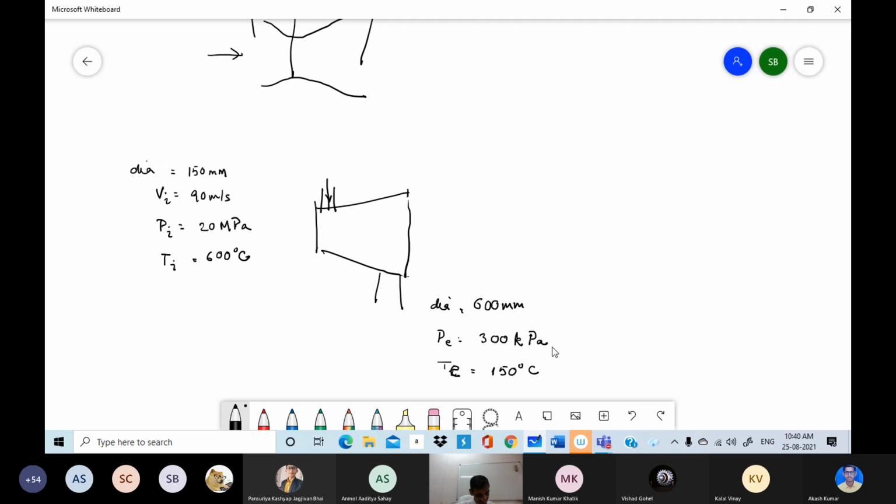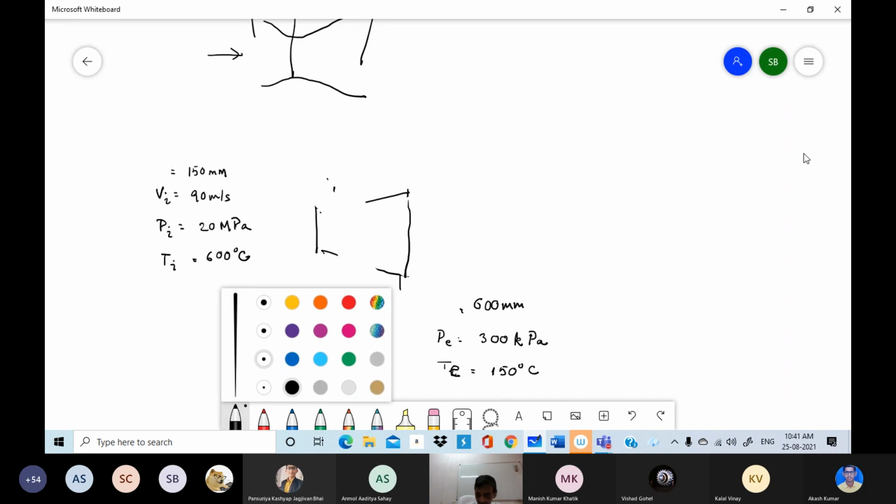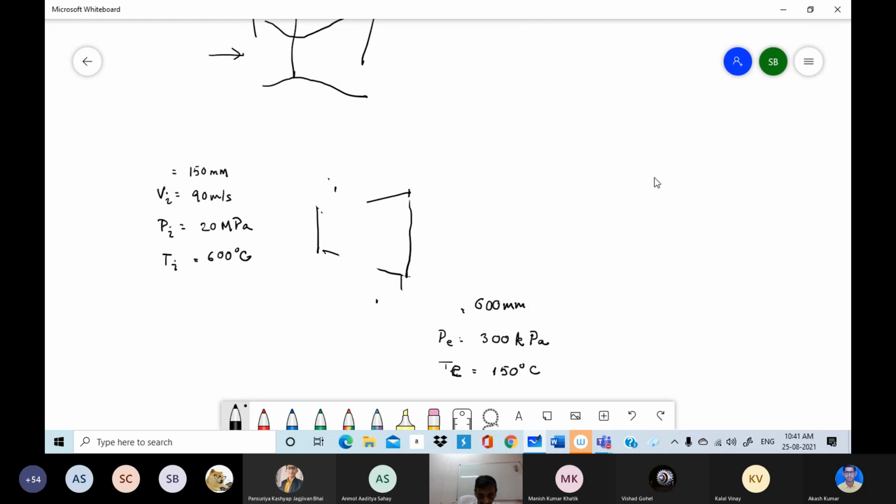So then it asks, the book has used the symbols DI and DE.